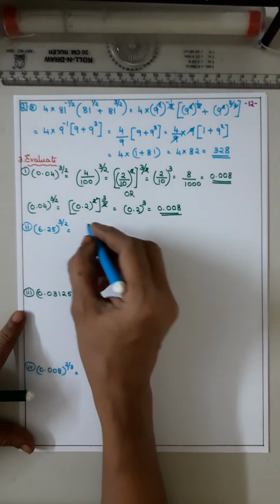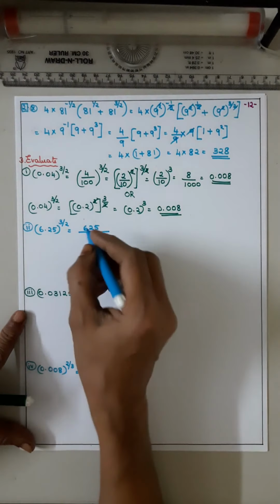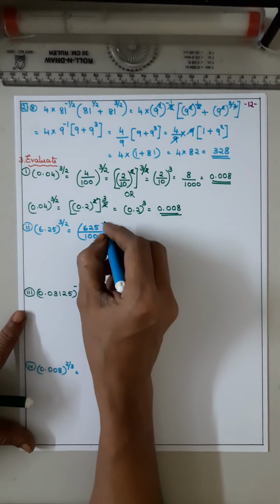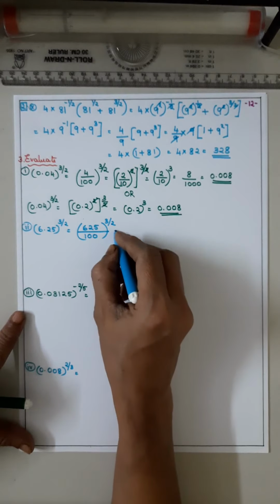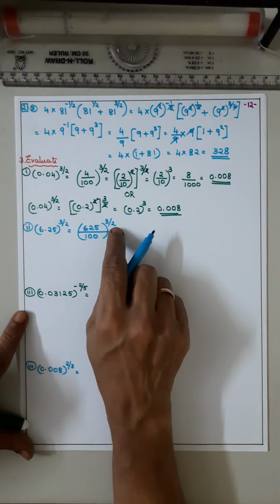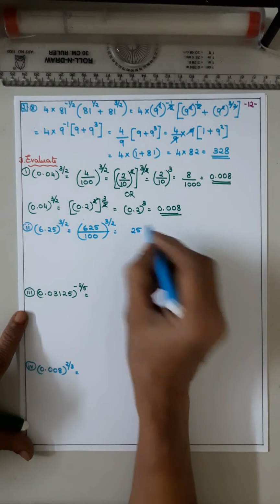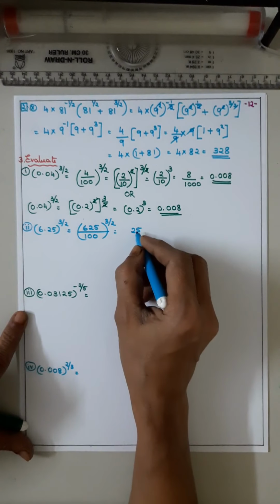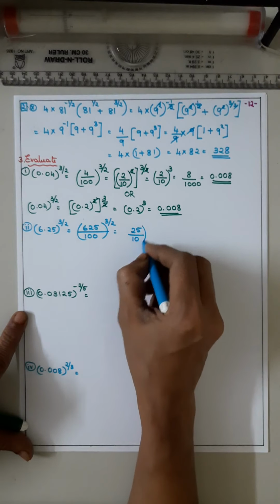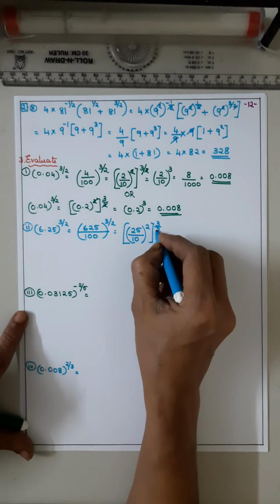Now coming to the second sum, it is 6.25. It is a 625 upon 2 decimal means 100 upon the whole 3/2. Okay, now 625 किसका स्क्वायर है? अभी डिनोमिनेटर में, पावर में डिनोमिनेटर is 2, so convert this into power 2. So 25 square is 625, और ये 10 square is 100, so this becomes the whole square, then power 3/2.